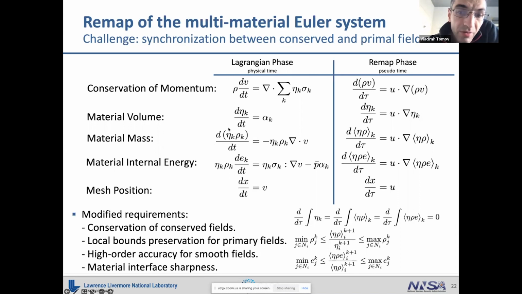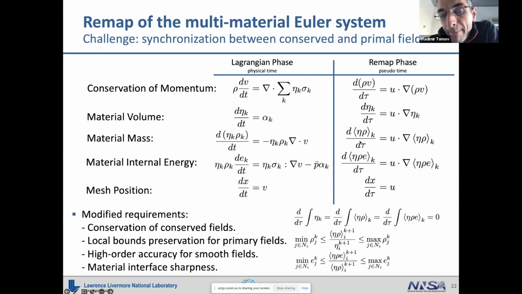Well, what the Lagrangian phase evolves are the primal fields. So it evolves density and specific internal energy. Now, the remap phase, the way it's written, to be conservative, one needs to evolve masses instead of density and internal energies instead of specific internal energy.